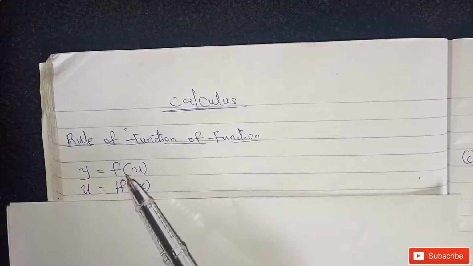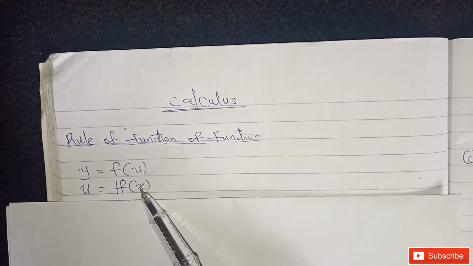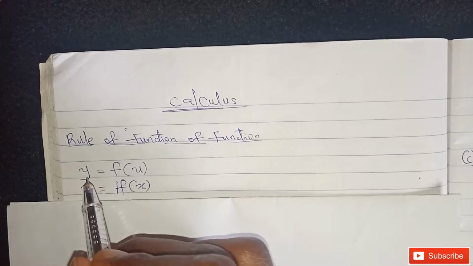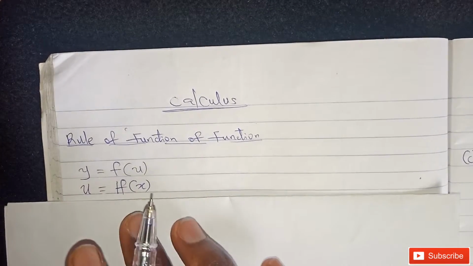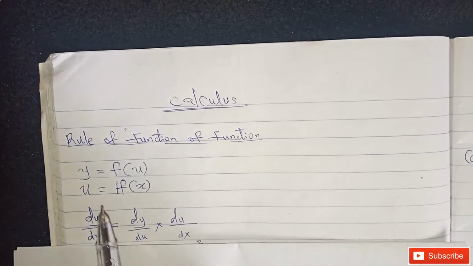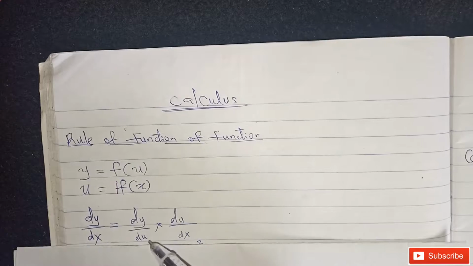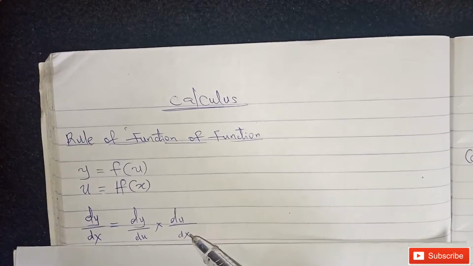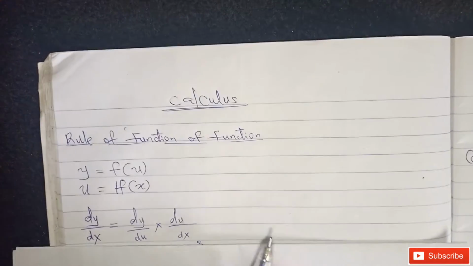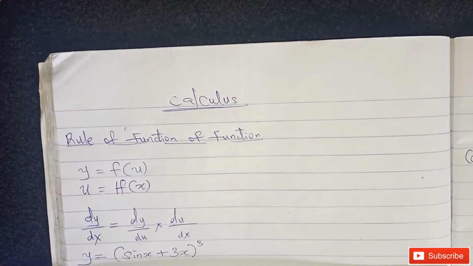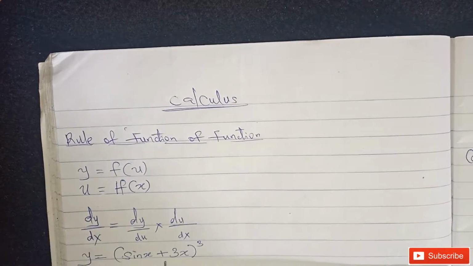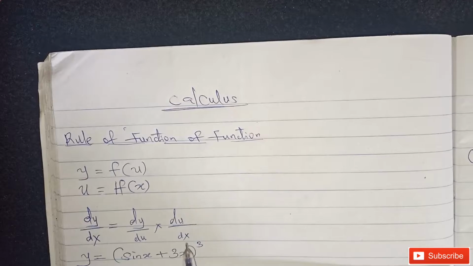If y is a function of u and u itself is a function of x, then to differentiate y with respect to x, we have that dy/dx is equal to dy/du multiplied by du/dx. Okay, and we gave this example: if you have y equal to (sine x plus 3x) everything raised to power 3.